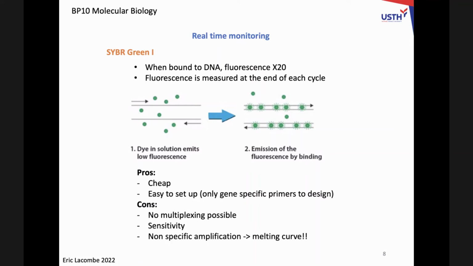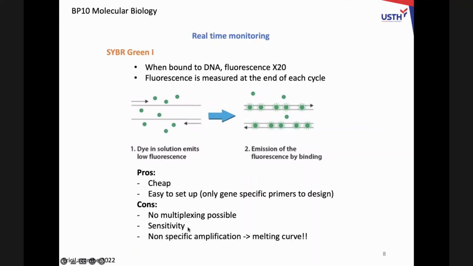No. But multiplexing means monitoring in one reaction 2 different targets, at least 2, 3 or 4 different targets, not one single target. The problem with this method is we've got only one fluorochrome, so only one type of fluorescence. And because we have only one type of fluorescence, we can monitor only one PCR amplification at a time. So multiplexing is impossible with this SYBR Green technology.